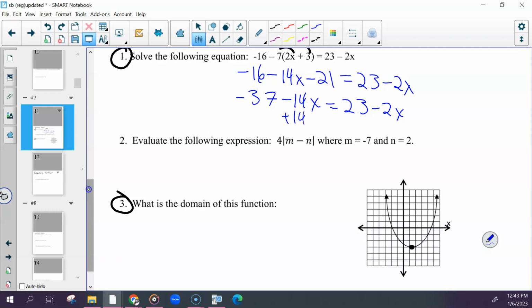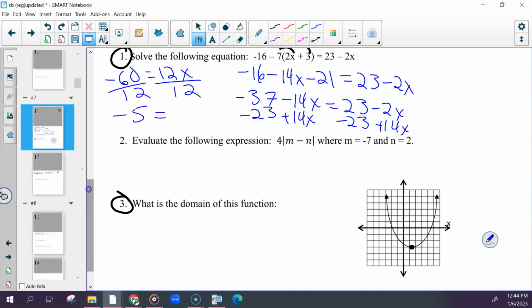Say I add 14x and subtract 23. What is that? Negative 60 equals 12x. Divide both sides by 12. So x equals negative 5. So you got that? Good job. Questions on 1?